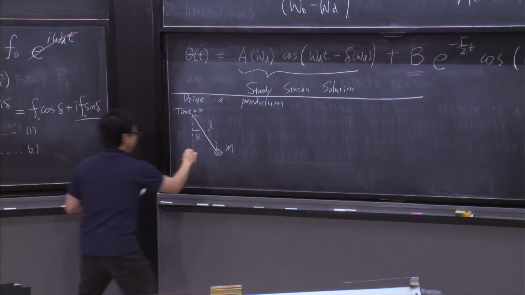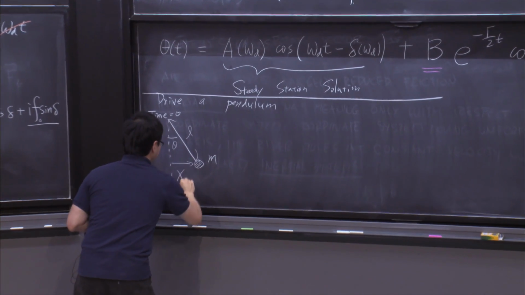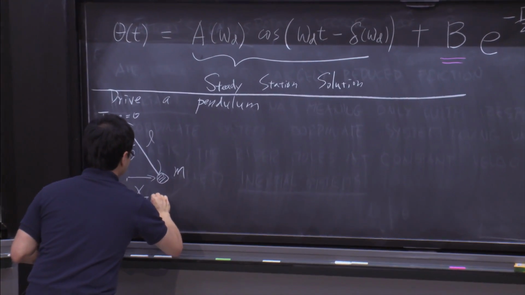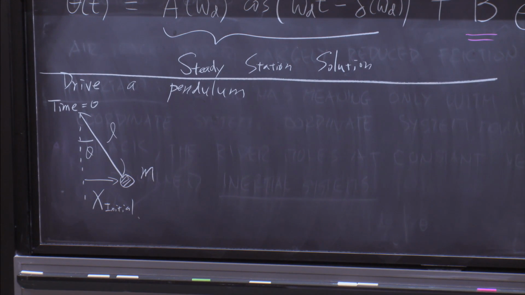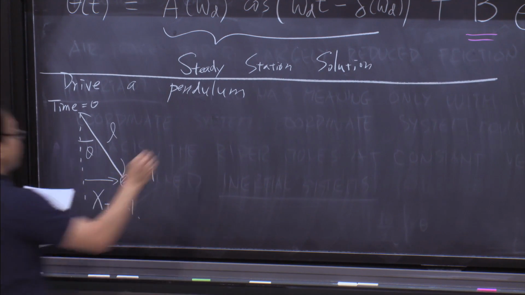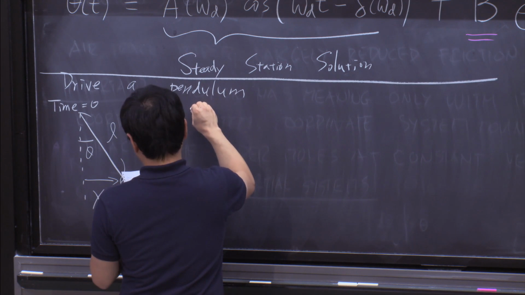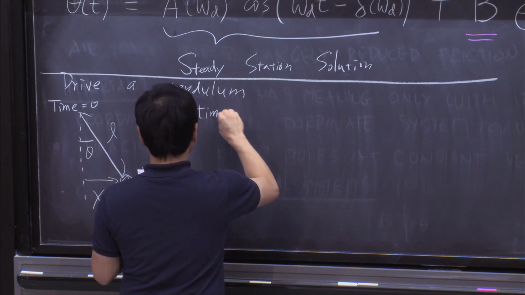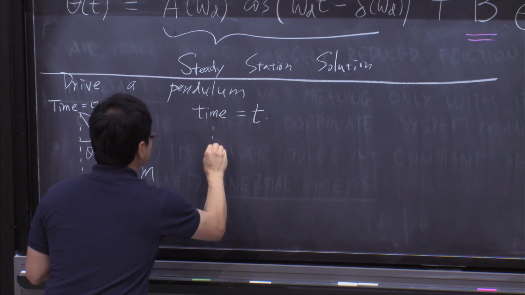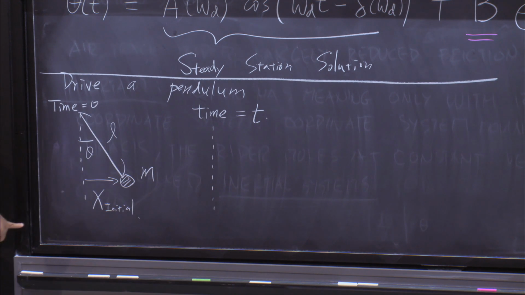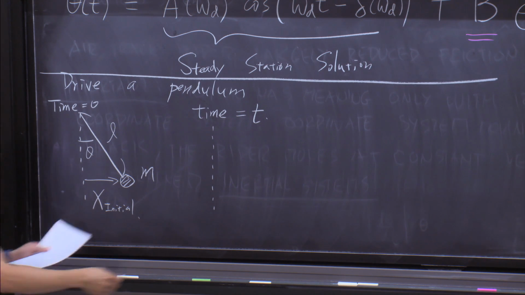Of course, I can give you an initial condition x initial, measured with respect to the vertical direction, and at time equal to t, this is the original vertical direction, the same as this dashed line.